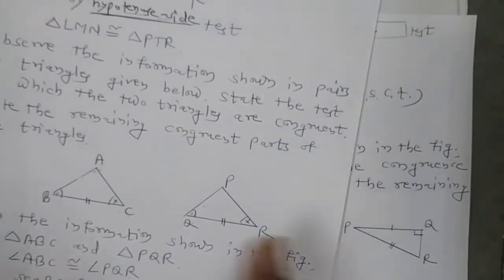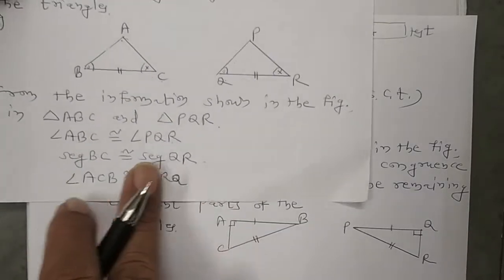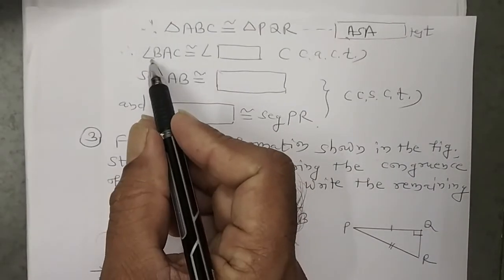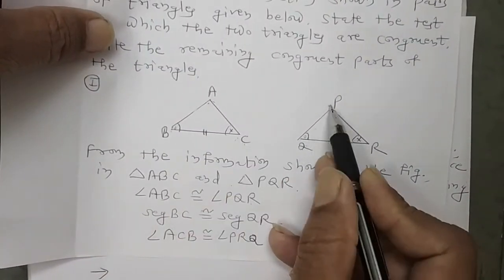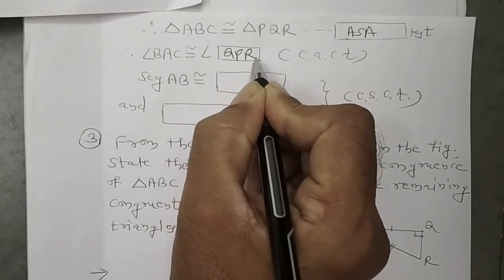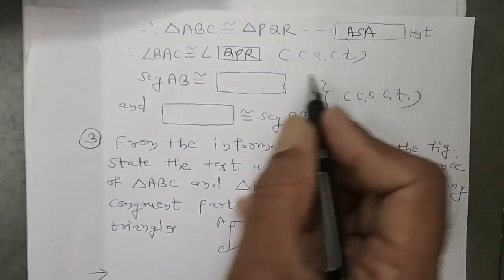Now these two triangles are congruent, therefore their corresponding sides and corresponding angles are congruent. Angle BAC congruent to angle QPR, corresponding angles of congruent triangles.